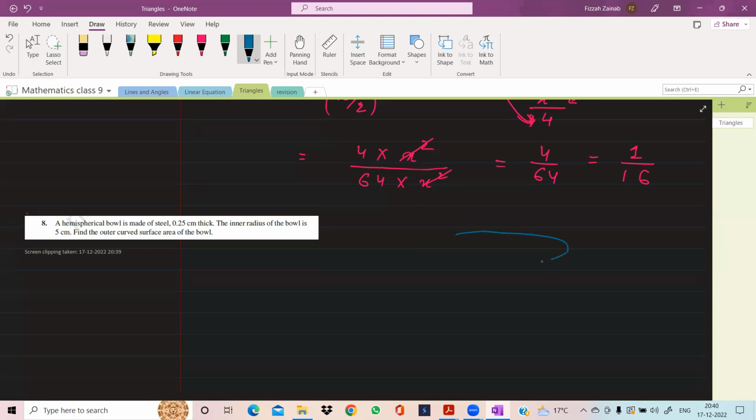So it's like this. So you have a ball and then you have some thickness. Understand? It's a hemispherical ball like this. So this thickness, like from here to here, is given 0.25 centimeter. Clear? Now the inner radius of the ball is 5 centimeter. So this inner radius, this is 5 centimeter. Find the outer curved surface area. So that means you require the outer radius. Clear?